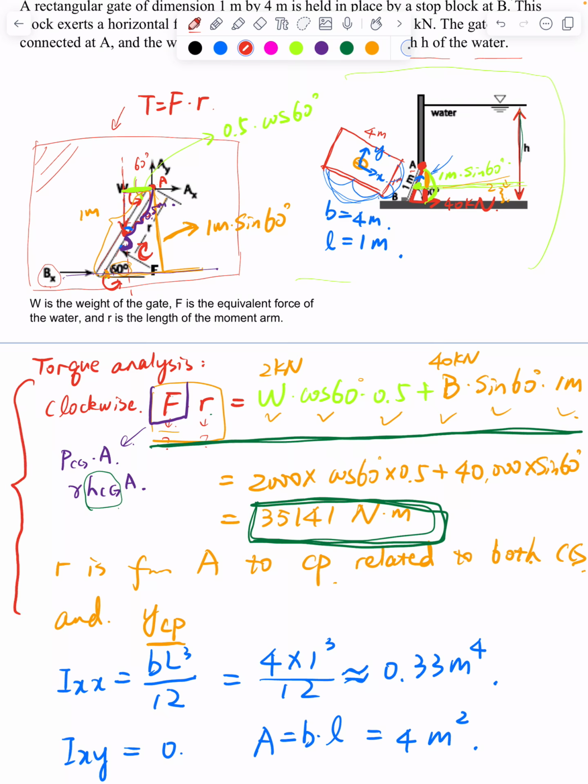So you get that your F multiplied by R equals a fixed value, based on the weight and also the force at B to stop the gate. Based on that balance, we know this value, right? But we don't know F or R because H is unknown.